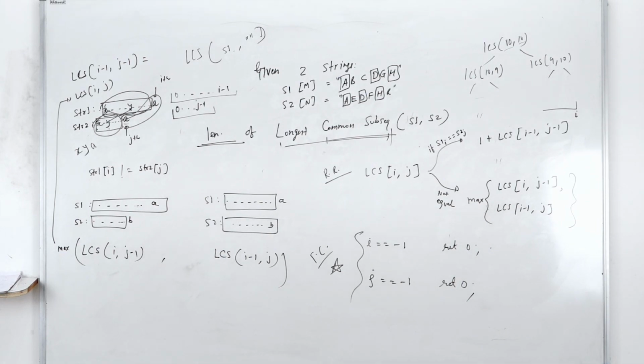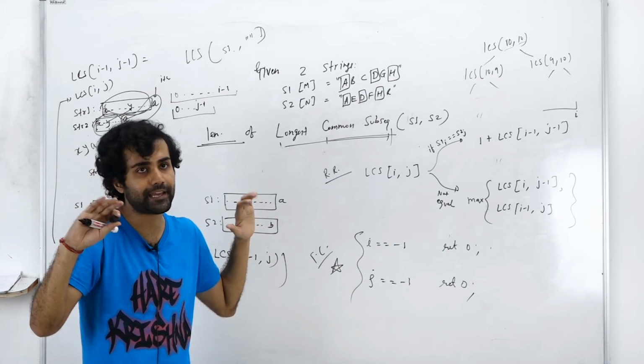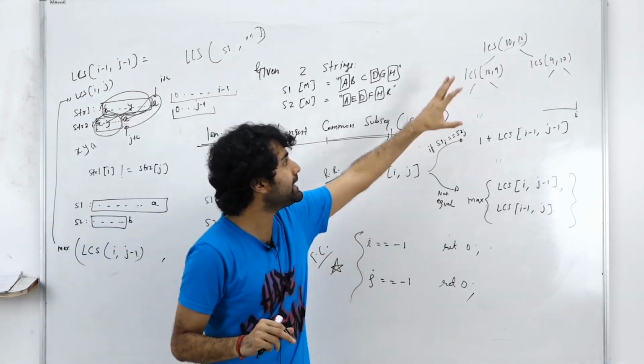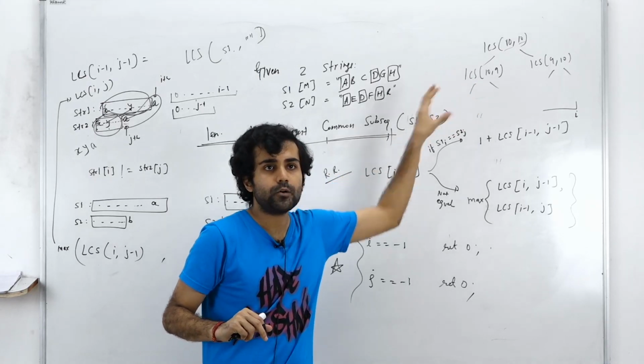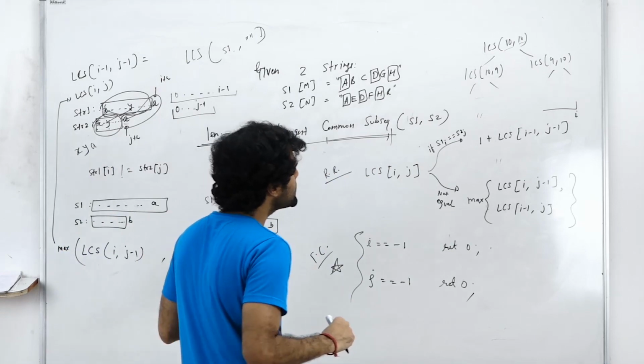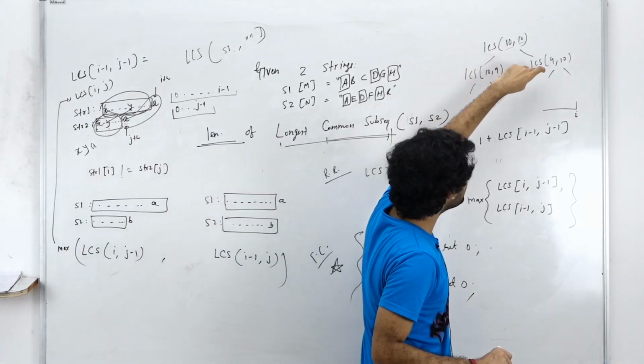So now that I have these two things, I have my recursion based code ready. I can write recursion based code very easily. But are there certain overlapping problems over here? Do they exist? The answer is yes, because let's say this calls (i, j-1) and (i-1, j).